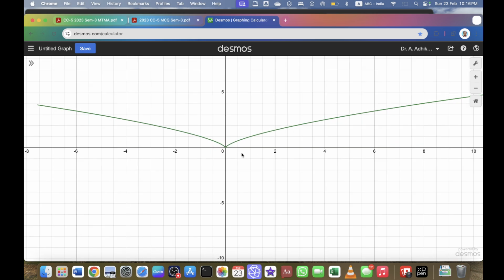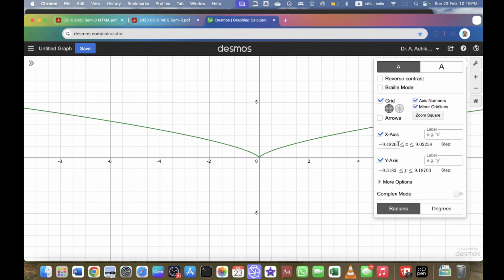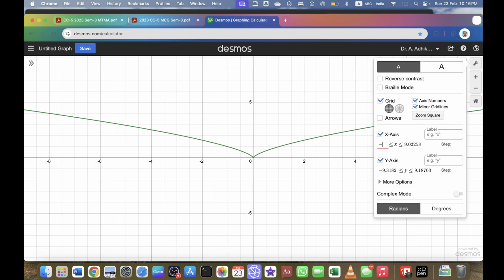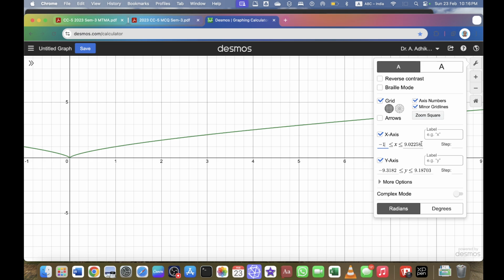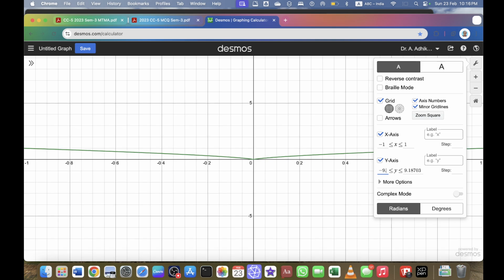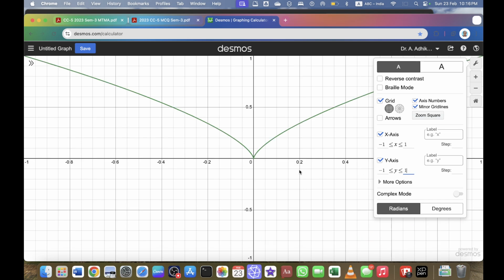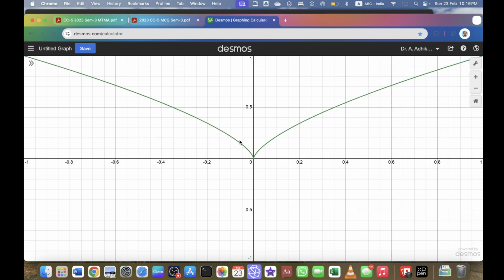So from this graph, minus 1 to 1, clearly this function is not smooth at the point 0, so we cannot find a continuous tangent from the left hand side to the right hand side.